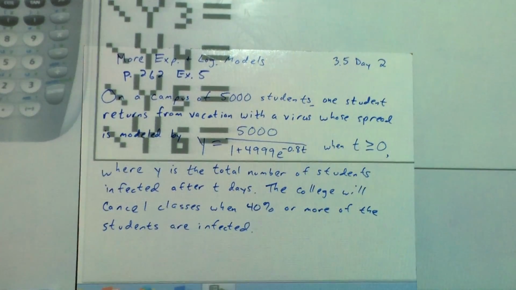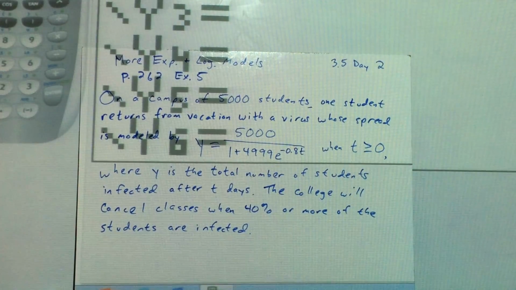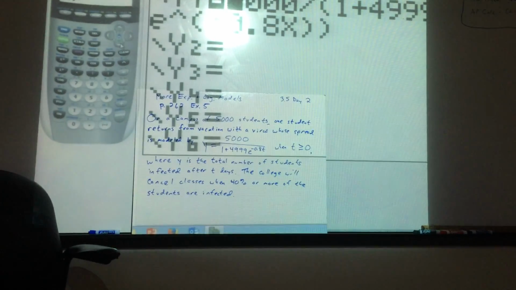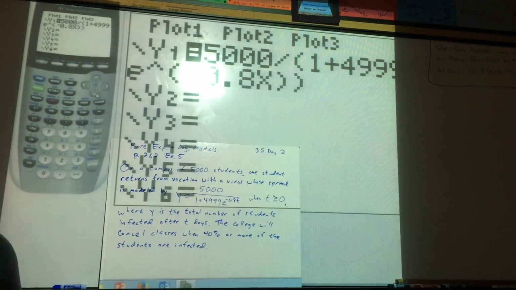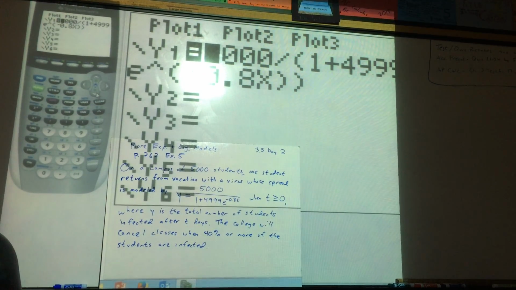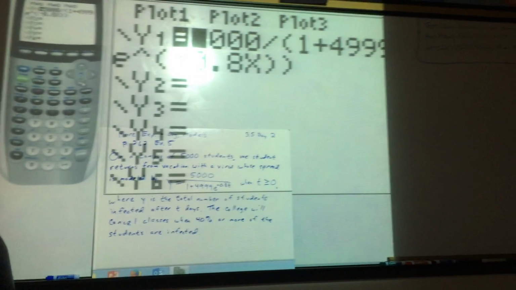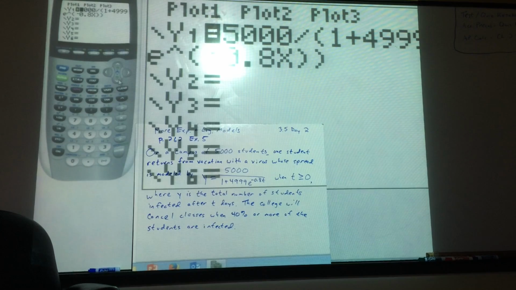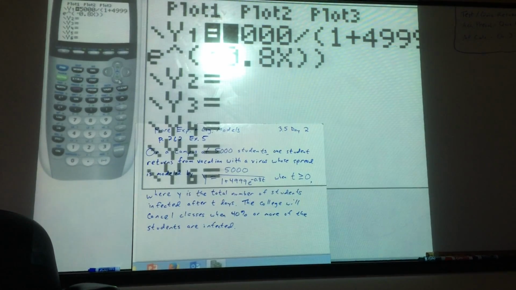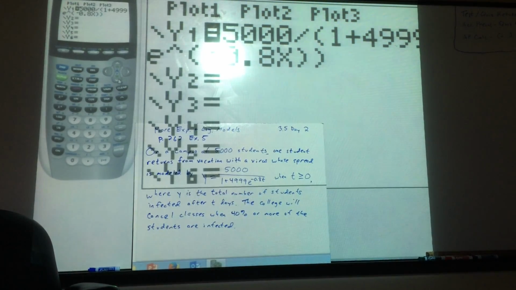And see if I can zoom out so you can see this whole graph, this whole function in our calculator. It's a little bit of a glare there. Make sure you get that negative 0.8x in parentheses in the denominator.